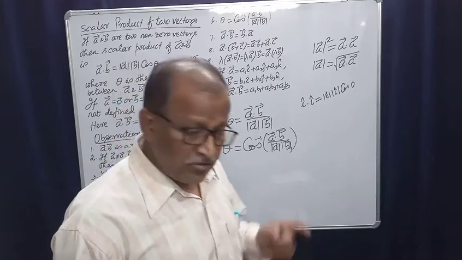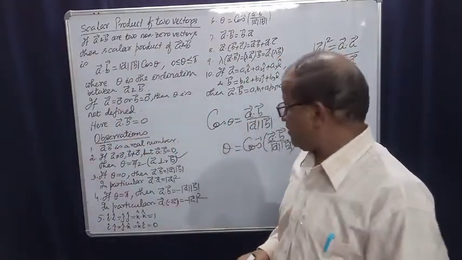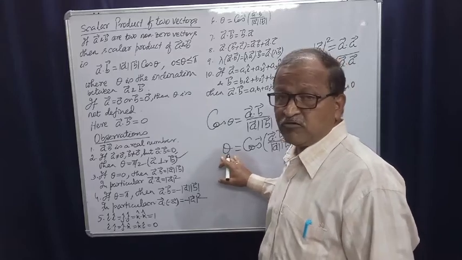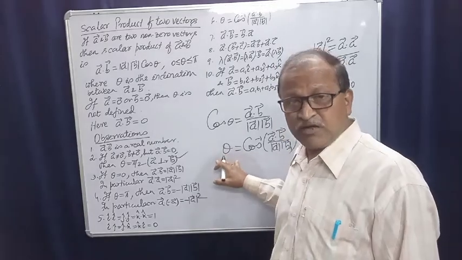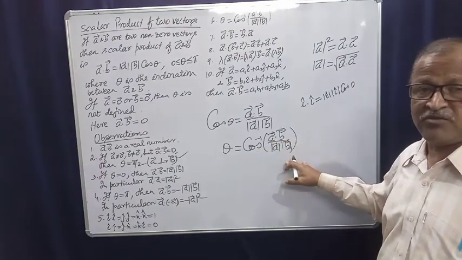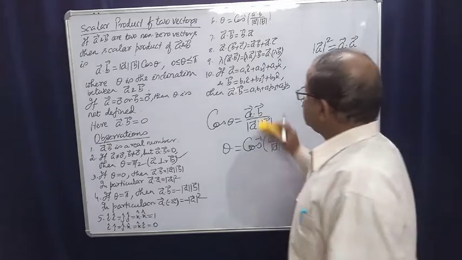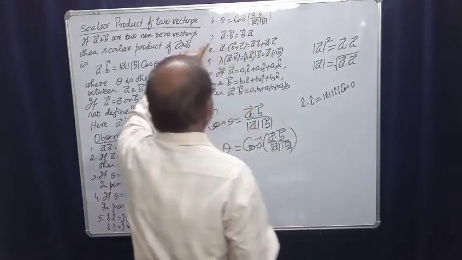If you can take the dot product A dot B, then you can easily find the inclination between them. That is cos inverse of A dot B by magnitude of A into magnitude of B. Now some properties. These are the properties.